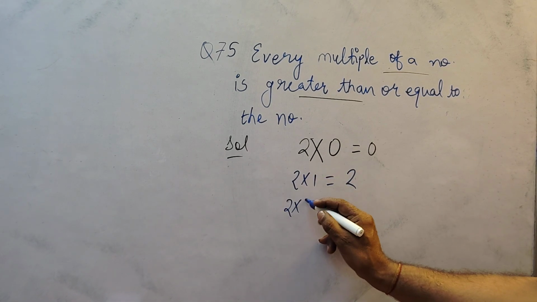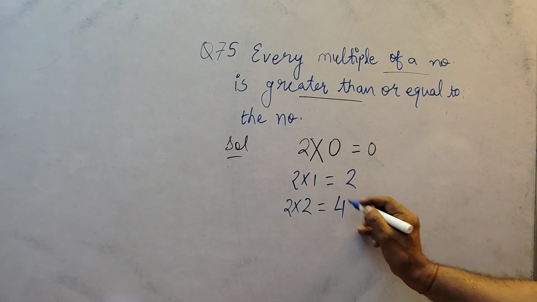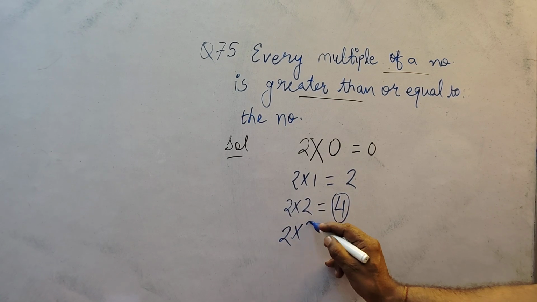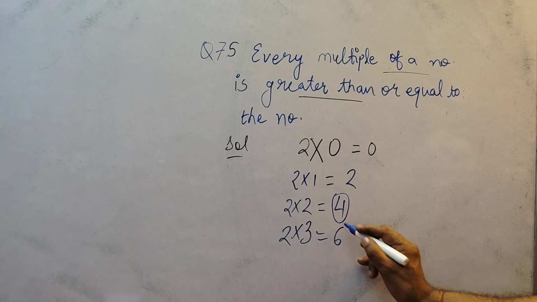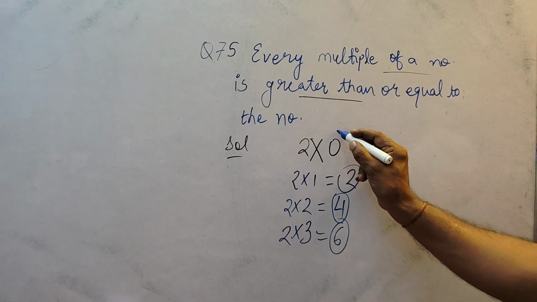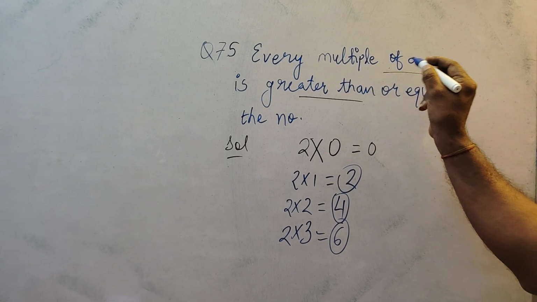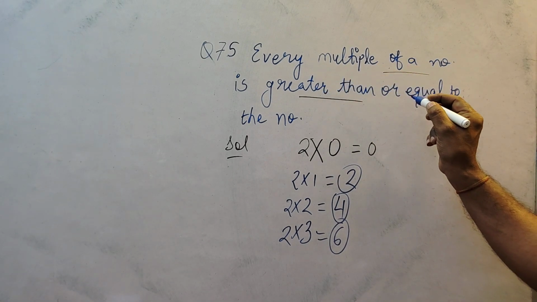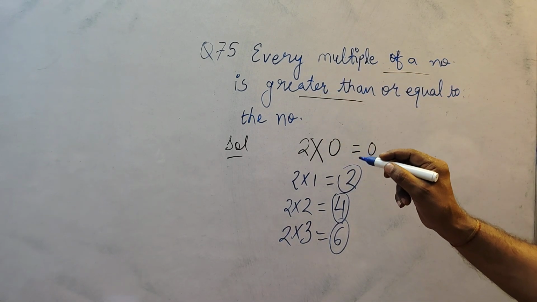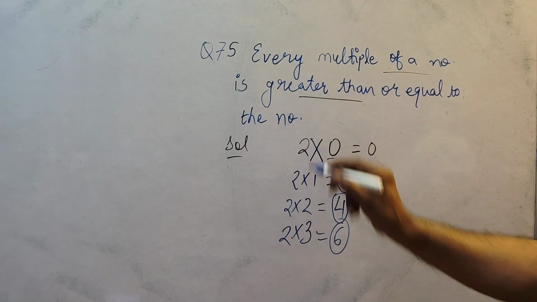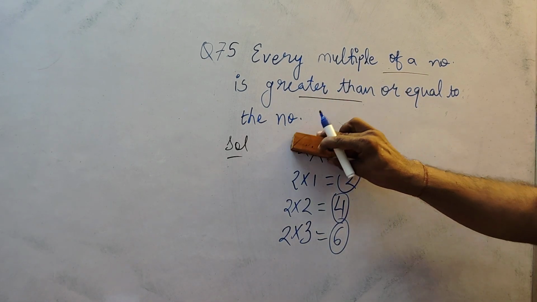If we take 2 as the multiplier, the product is greater. If we take a larger multiplier, it is also greater. But in the case of 2 and 0, it fails. The question says greater than or equal to the number, so 0 should not be taken in that case.